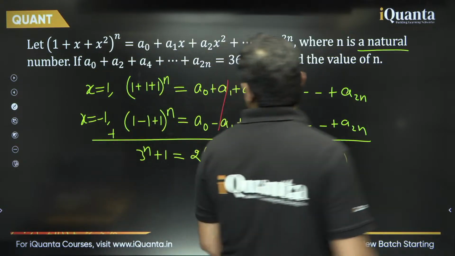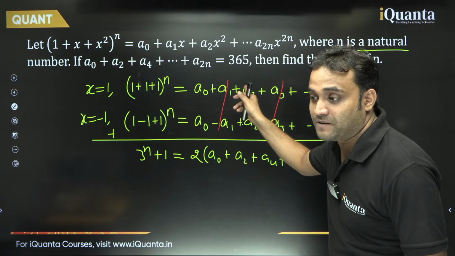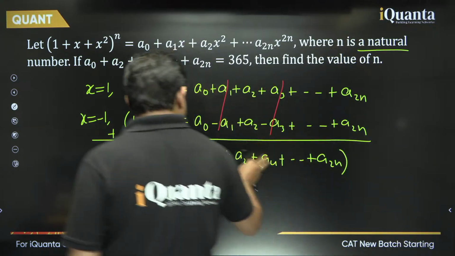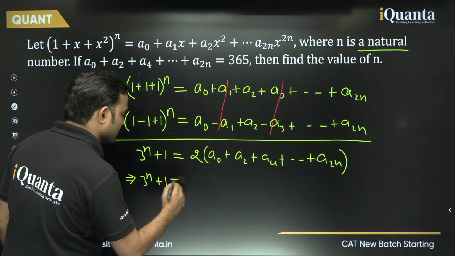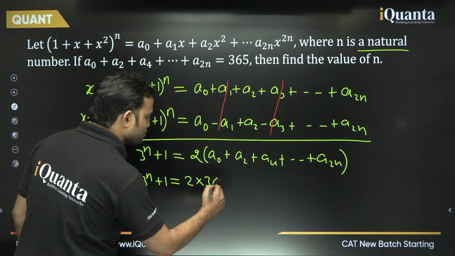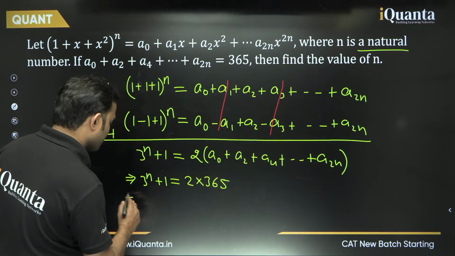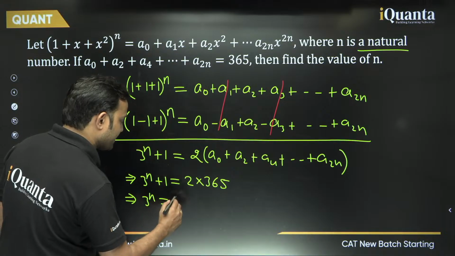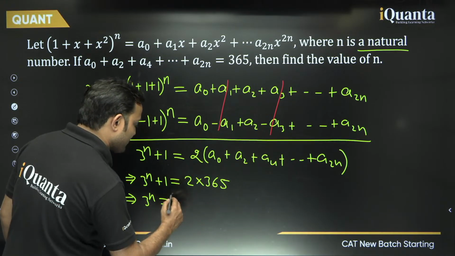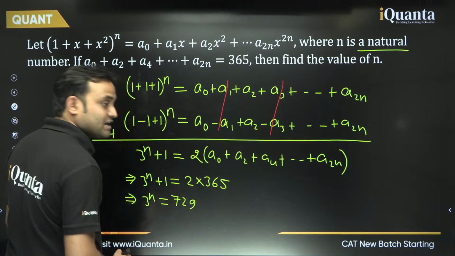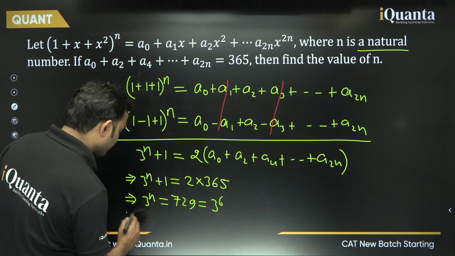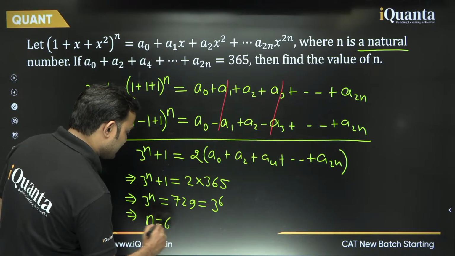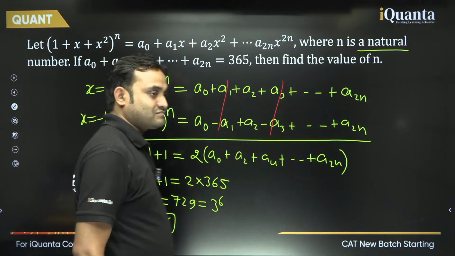Now it's given that this value is 365, right? So if I put this value here, can I say 3 to the power n plus 1 is equal to 2 into 365, or 3 to the power n will become 730 minus 1, which is 729. What is 729? 3 to the power 6. What can we say about n? That n is equal to 6, right?